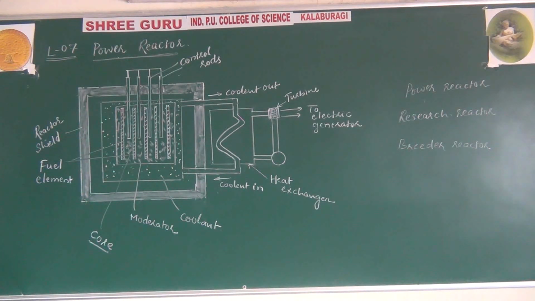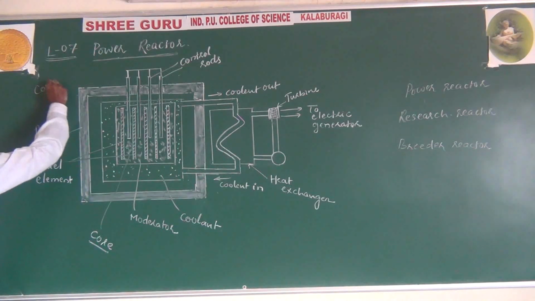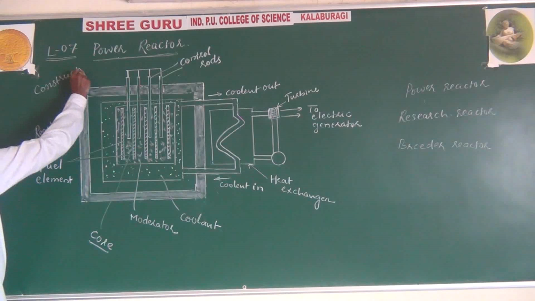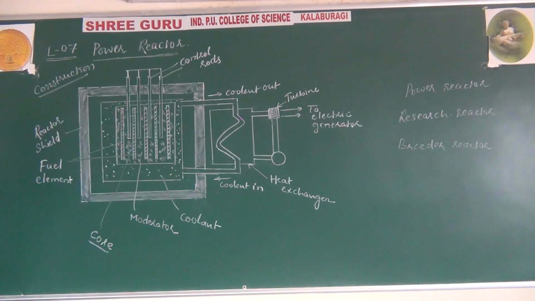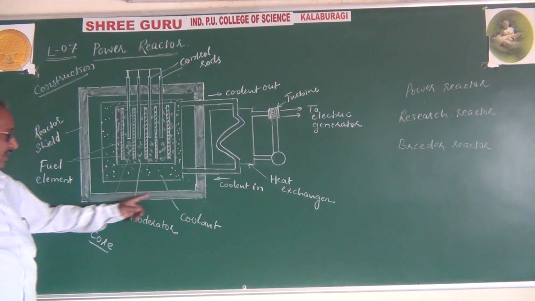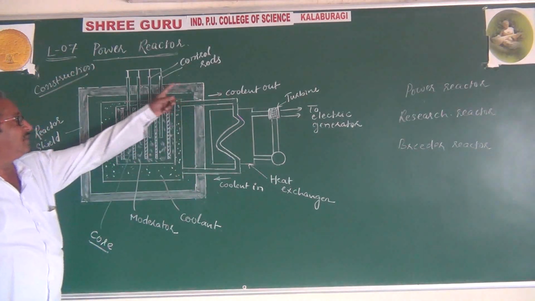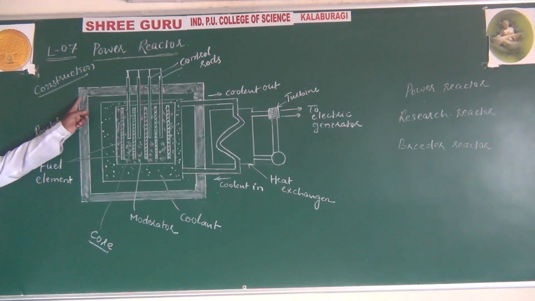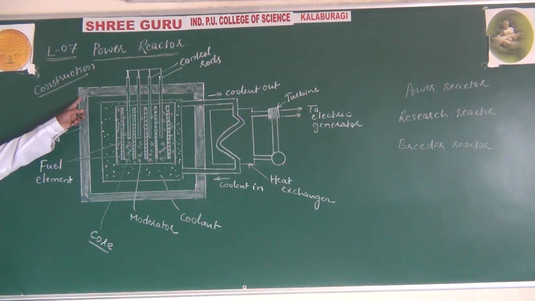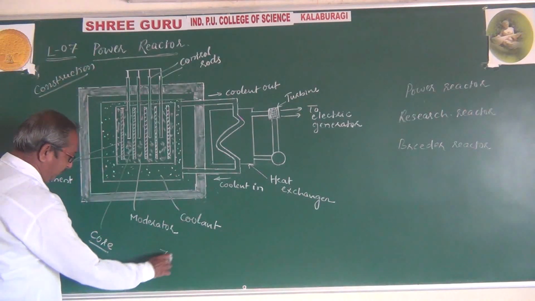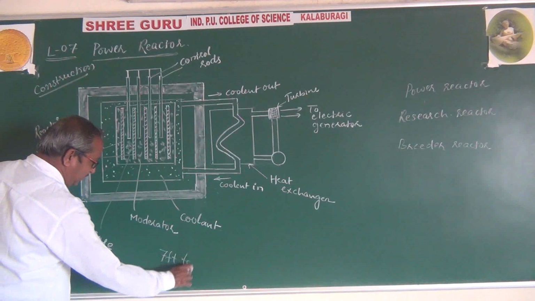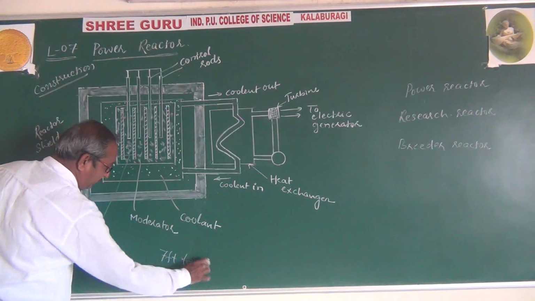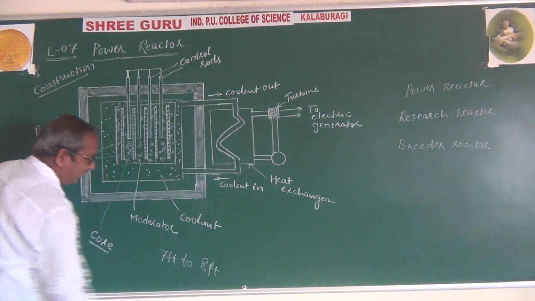Now here is the power reactor, and this is its construction. It consists of a reactor shield, which is made of concrete walls 7 feet to 8 feet in thickness.